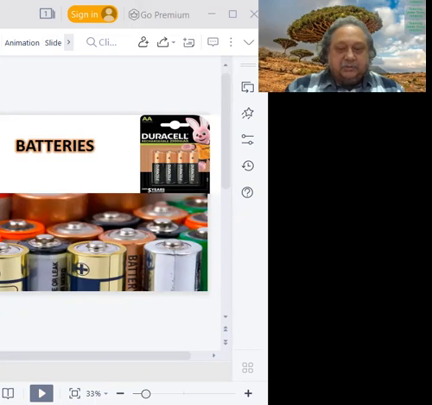And this is the good old battery. One of the first inventions within the electrical engineering field, which had a major impact on the development of the use of electricity in our age.